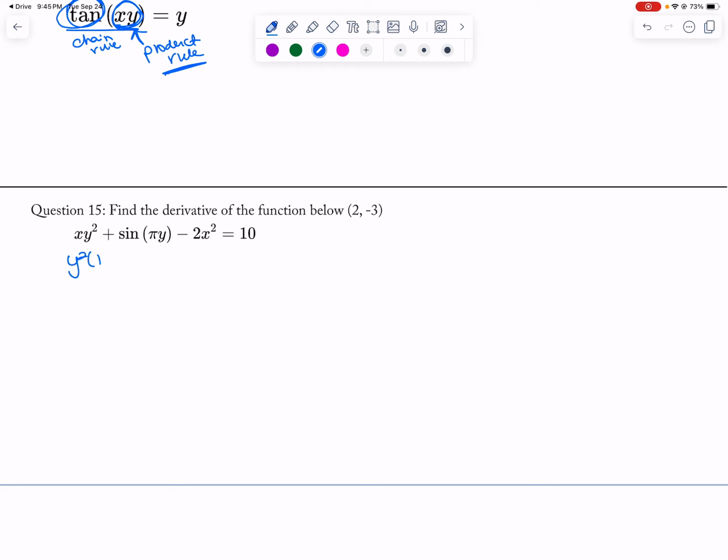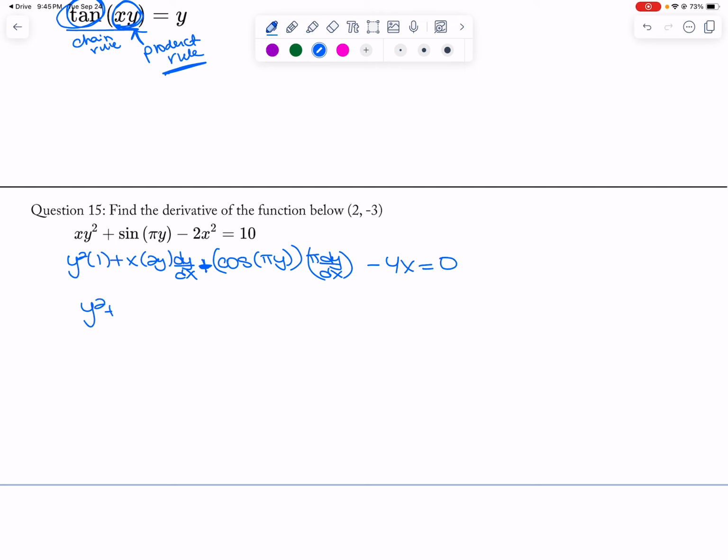Okay, so now let's do this one. So y squared times 1, and then x times 2y dy dx. And this is equal to the derivative of sine, and this is plus the derivative of sine, which is cosine of pi y, times the derivative of pi y, which is pi dy dx, minus 4x is equal to 0.